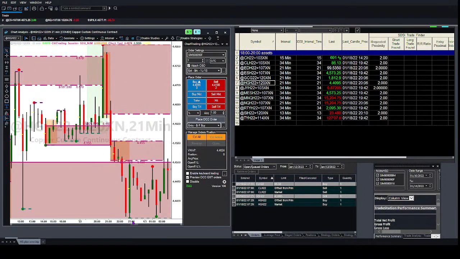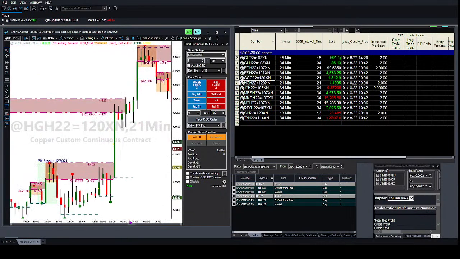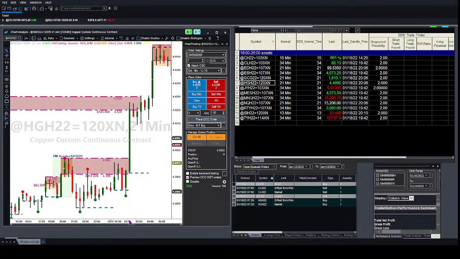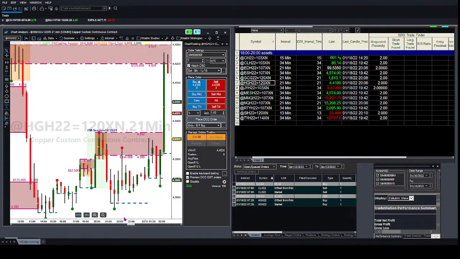I was just looking to see if there's any examples of trades on this one that hit during this session. There would have been a stop out.